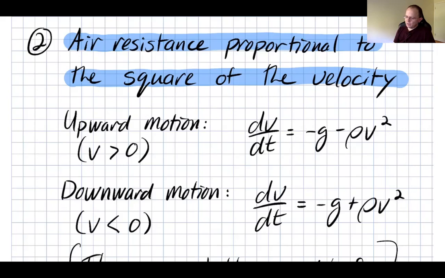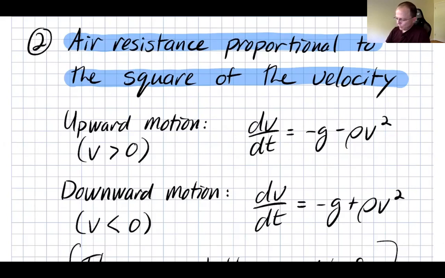So if we look at air resistance proportional to the square of the velocity, one thing that makes this more complicated is that now we have two different differential equations to work with. If we're moving upward, then the air resistance provides a downward force, so we get a negative rho v squared. Just like gravity provides a negative acceleration, we also get deceleration due to the air resistance.